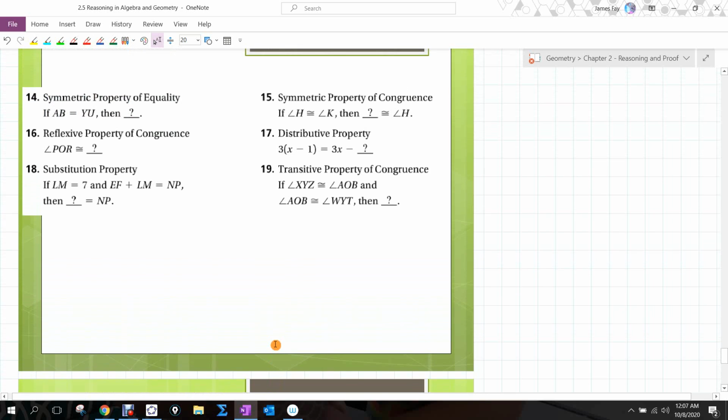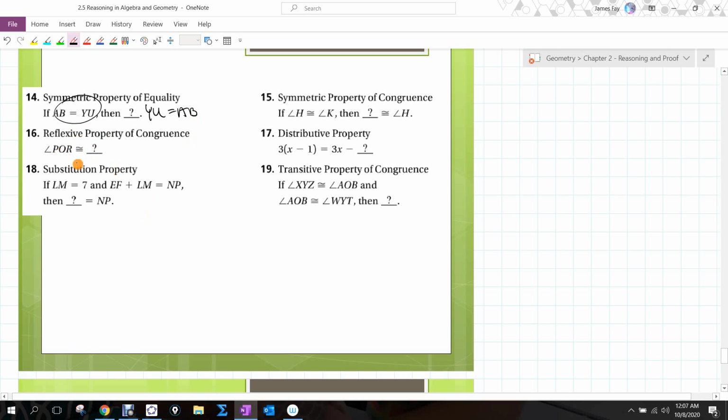I want to stop there. These are just some more of those individual phrases. Remember, let's do a couple. It says symmetric property of equality. If you know AB is equal to YU, the symmetric property just says we can flip that. So you can say YU is equal to AB. Reflexive property of congruence says something is congruent to itself.